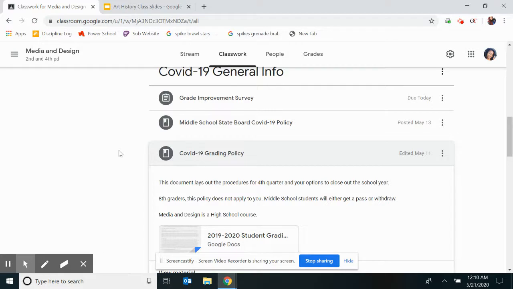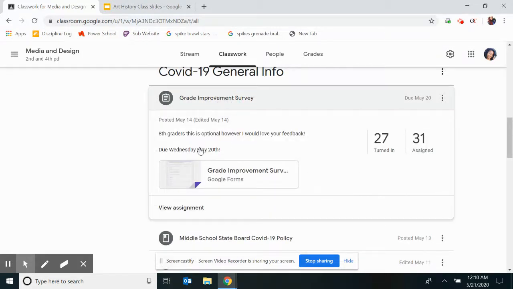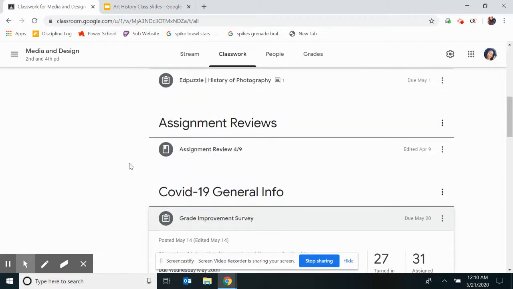You have several different options to choose from, and I've been collecting those options through the grade improvement survey. It's a non-graded category. However, I do need you to complete this survey so that I know what to put down for your fourth quarter grade.